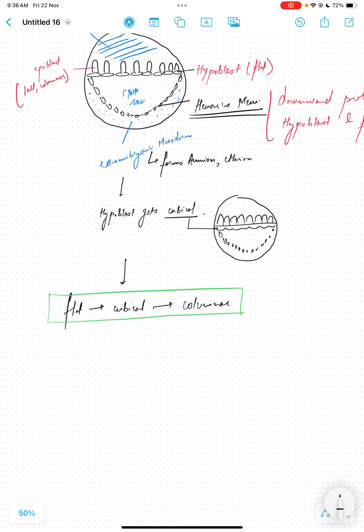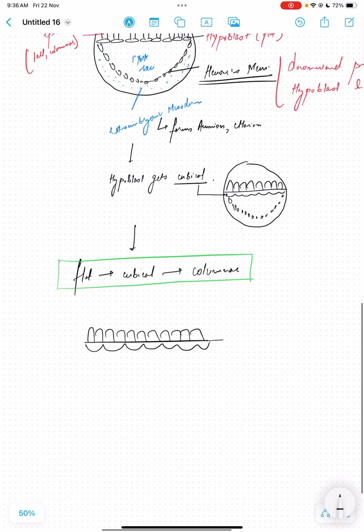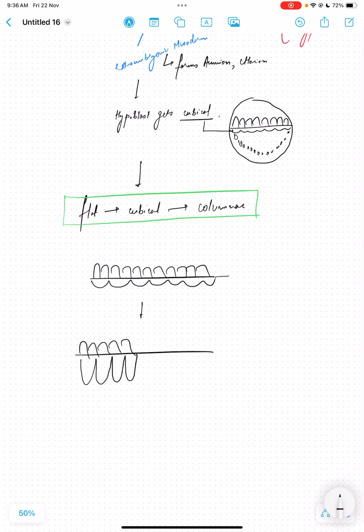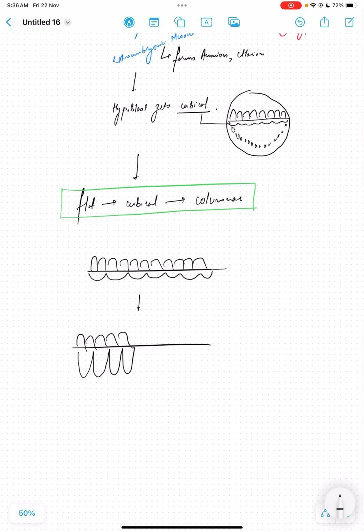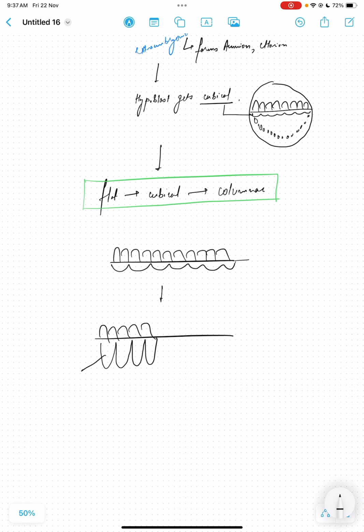I'm not drawing the whole diagram again, I will teach you with this only. This is our epiblast, this is our hypoblast, that is here cubical. Now it will get columnar in nature. When hypoblast becomes tall and columnar, it leads to the formation of the prochordal plate.